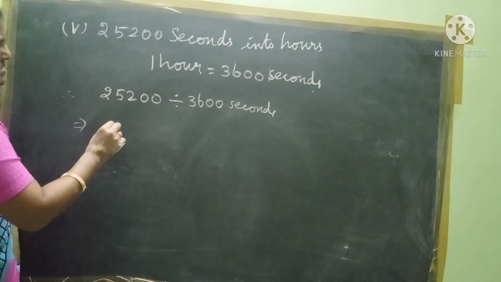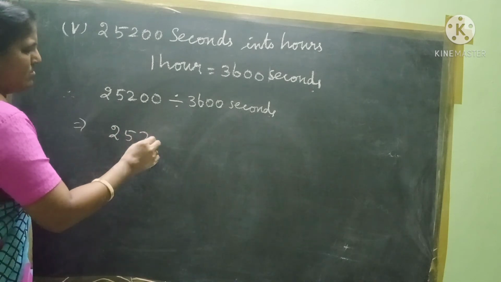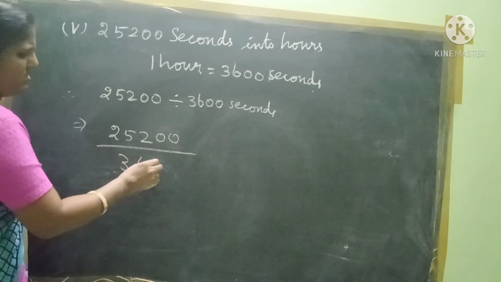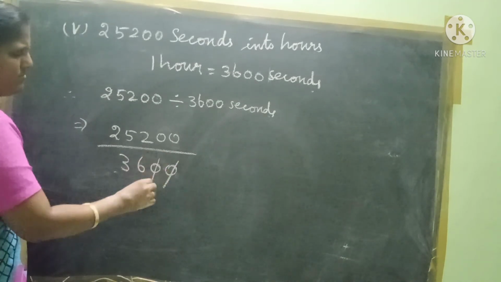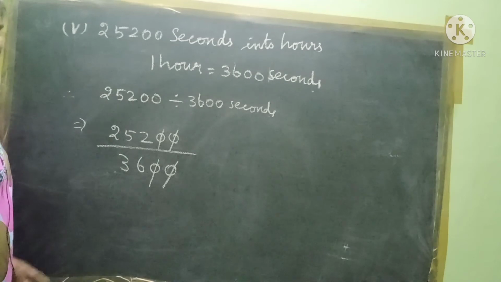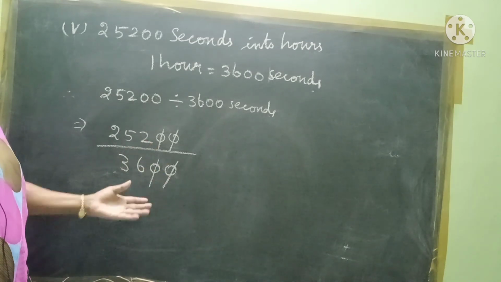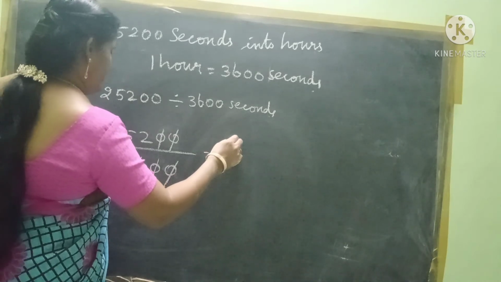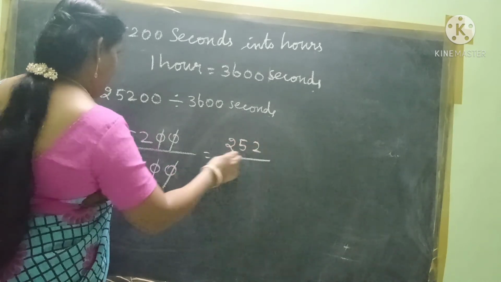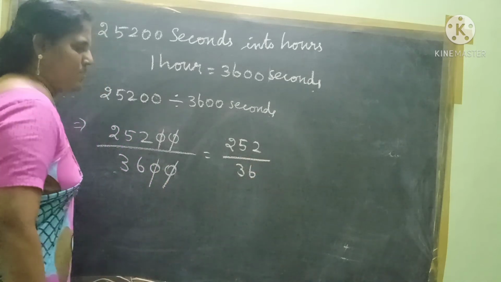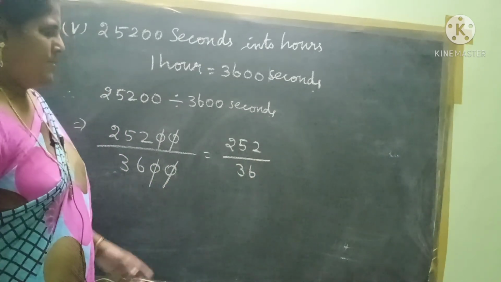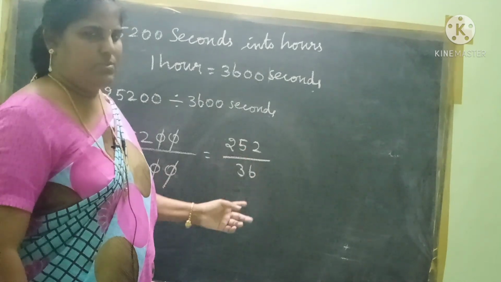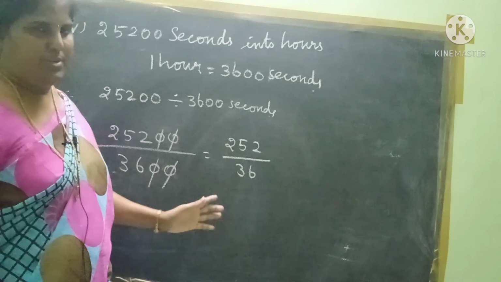So 25,200 divided by 3,600. First of all, if it is possible, you just cancel the zeros. So what was remaining? We will get 252 divided by 36. Okay, right. If we don't know the 36 table, but if it is possible, you can simplify the number up and down.